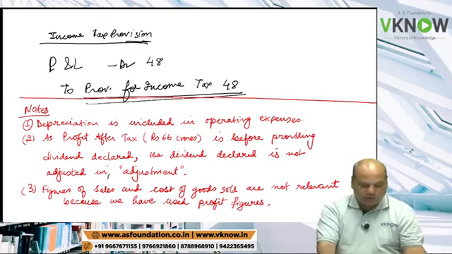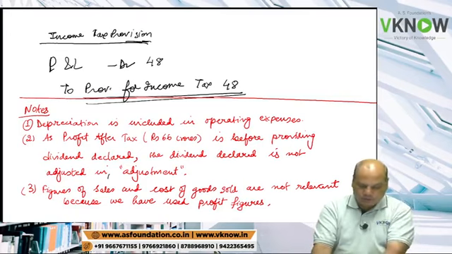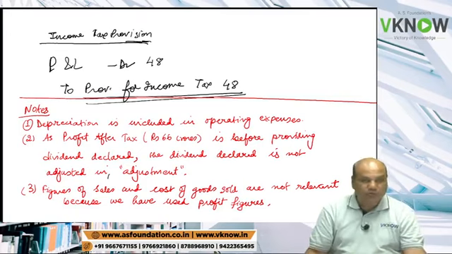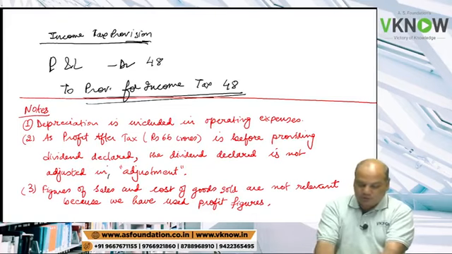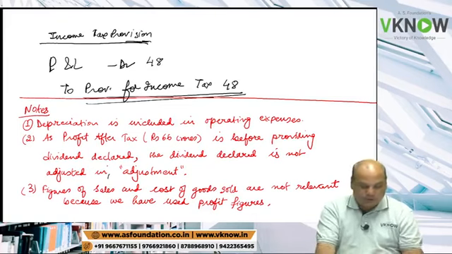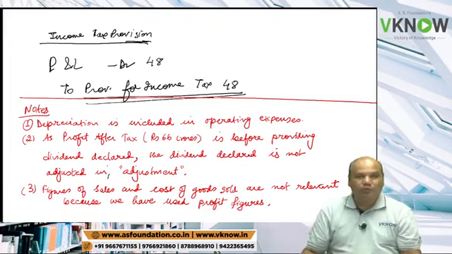Now, any query after these notes? If you are using net profit, which means you have already considered sales, purchase, expenses. So, if you write them again, it will be duplication.